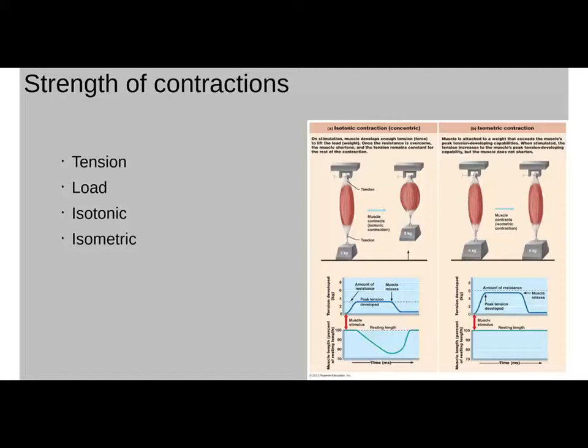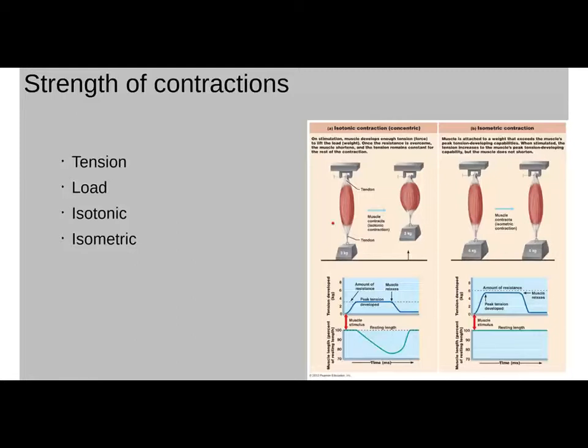So here, the 3 kilogram mass represents the load. And experimentally, we apply some electricity to the muscle, and the muscle, in this case, contracts. It shortens, and the load is moved. In an isotonic contraction, tension within the muscle builds, and the muscle shortens, moving the load.